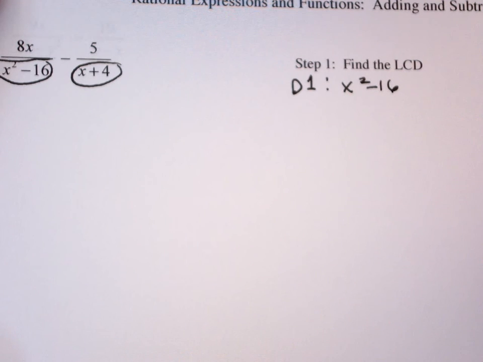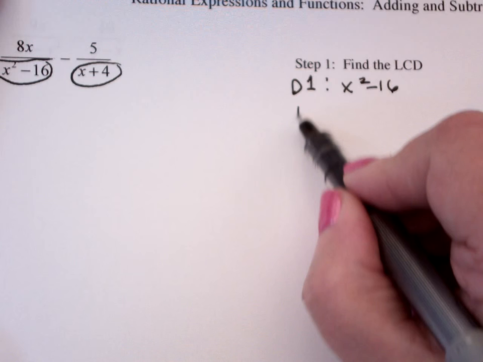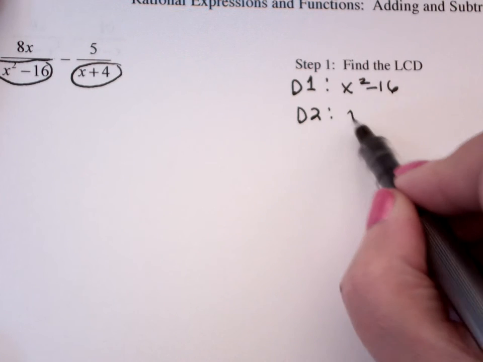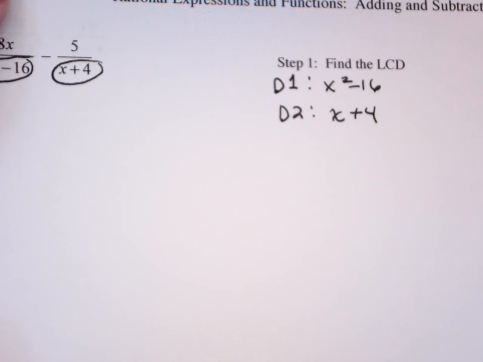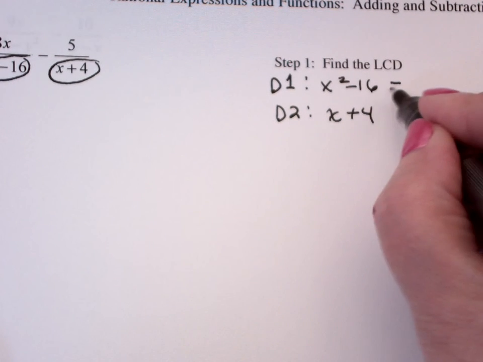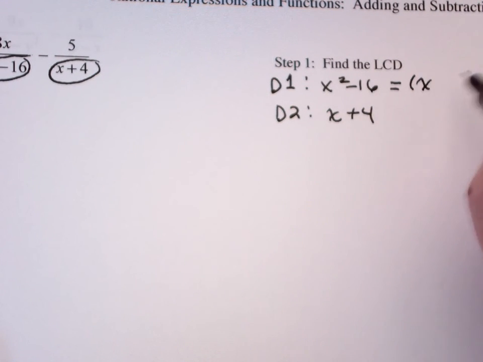By the way, some of you might be able to look at it already and say what the LCD is. And that's going to be very common. Well, we know that x squared minus 16 is x minus 4, x plus 4.